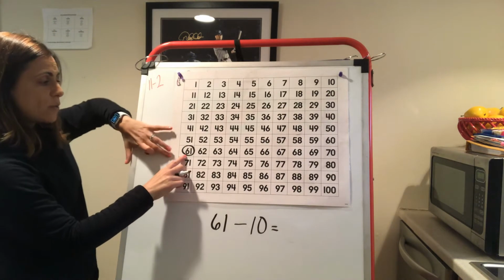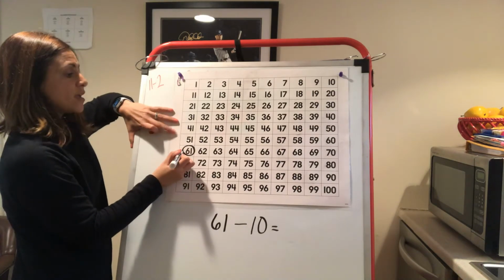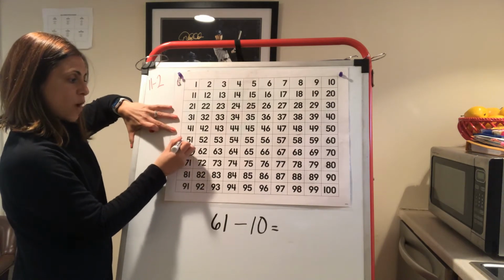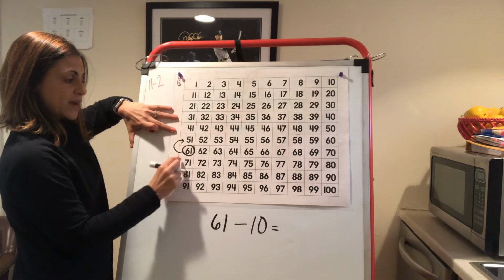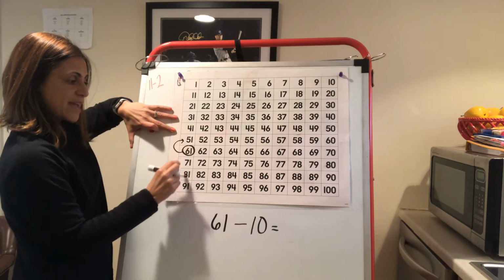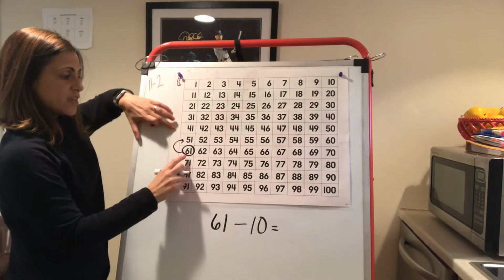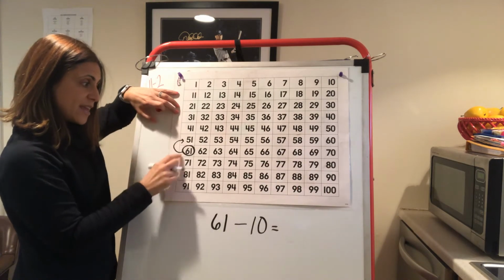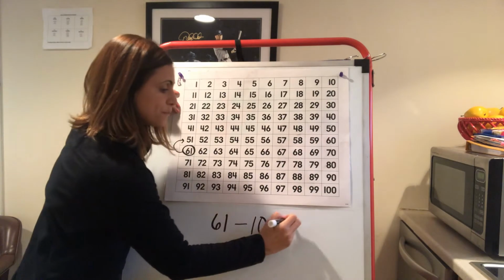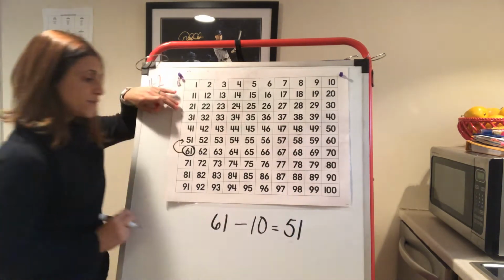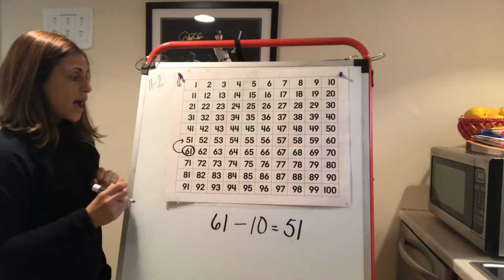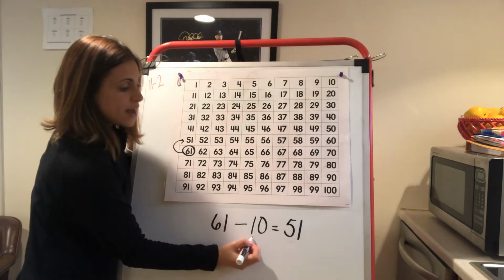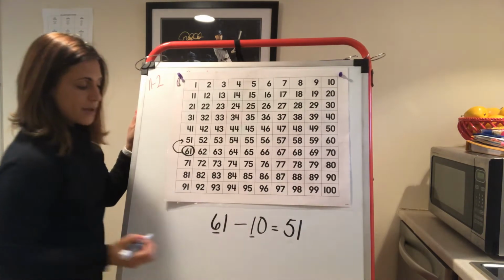So when I take away one group of 10, remember, all I have to do is go up one group of 10, because when I count, you're skip counting by tens when you go down the column. So when you start at 61, and if you take away one group of 10, it brings you to 51. 51 is your answer.